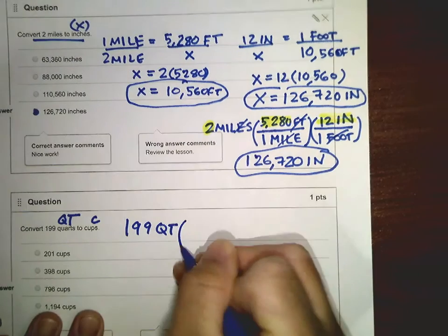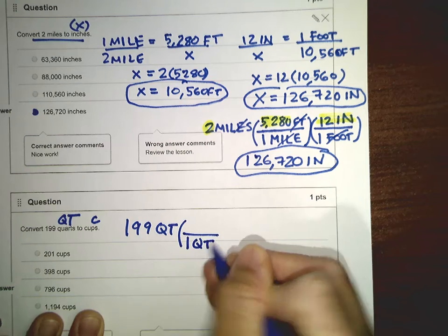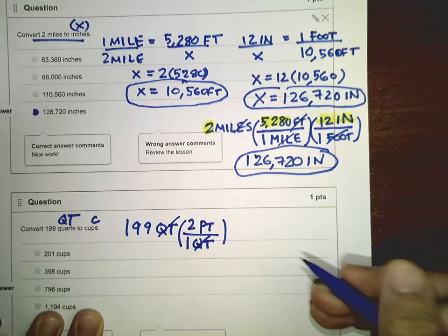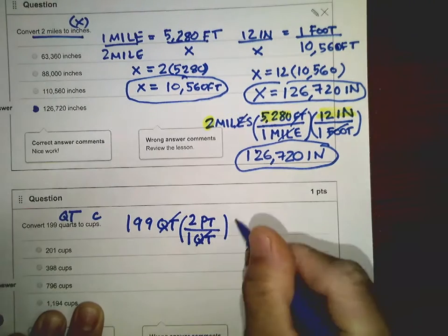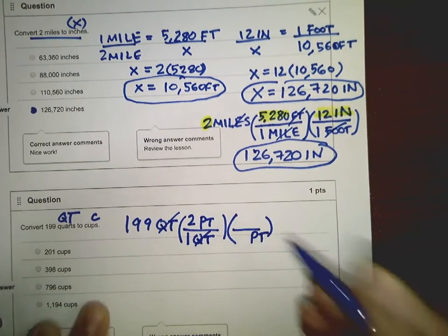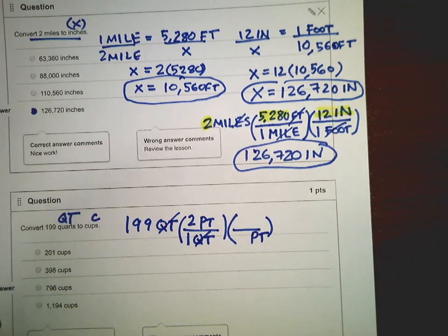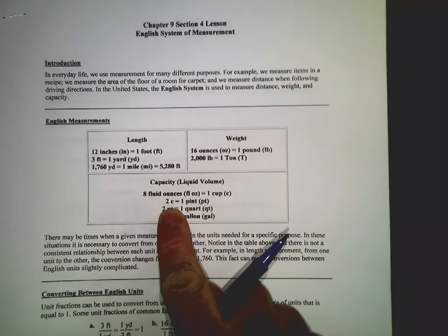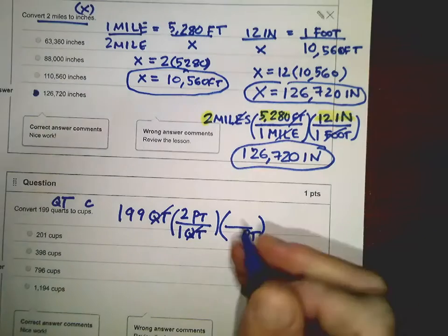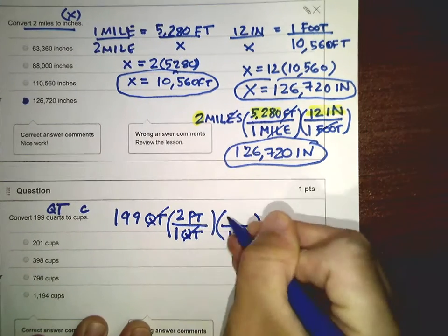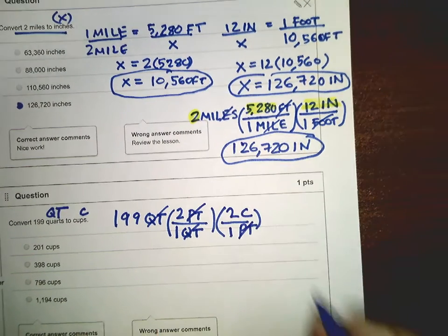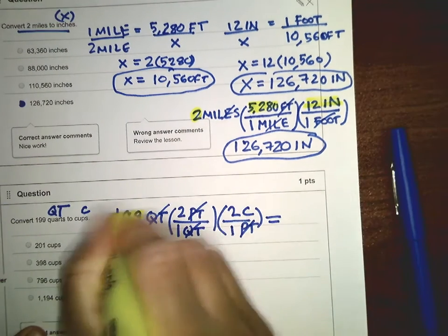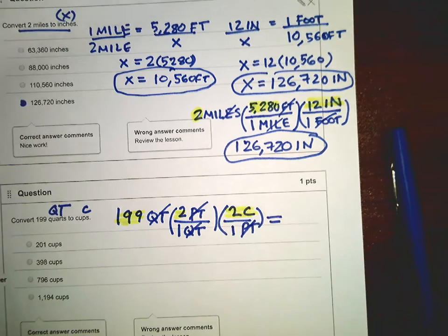So I want to write this with 1 quart in the denominator and 2 pints in the numerator so that the quarts divide out. But then I want to get rid of the pint, so I need something with pints. The only other one I see with pints is 1 pint is equal to 2 cups. So I'll have 1 pint in the denominator, 2 cups in the numerator, and the pints divide out. Then I'm left with 199 times 2 times 2 cups.